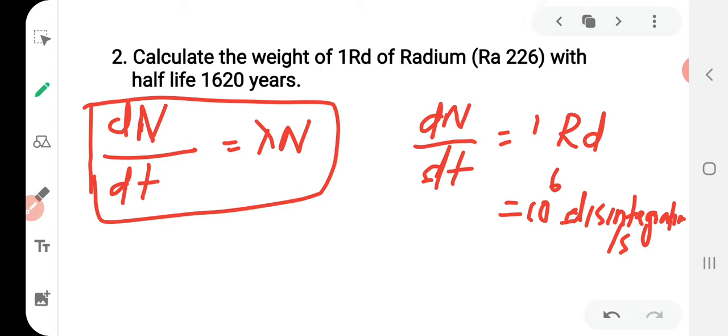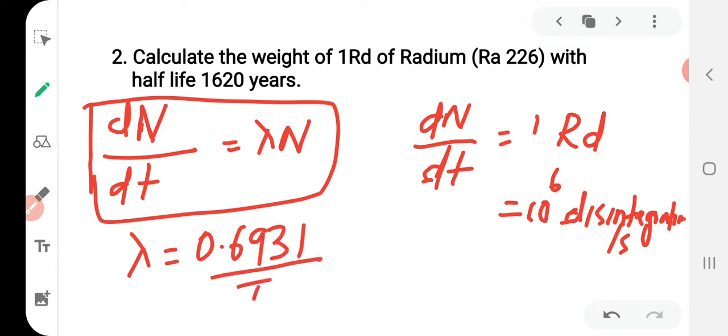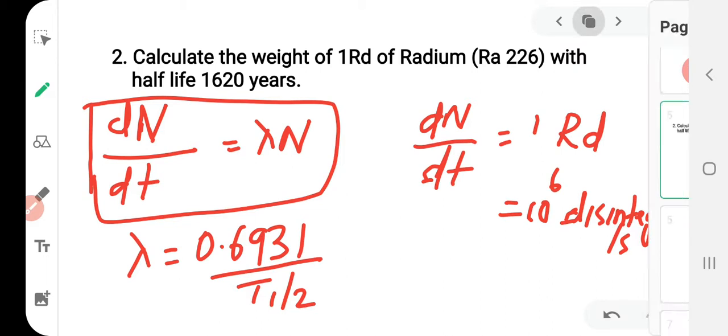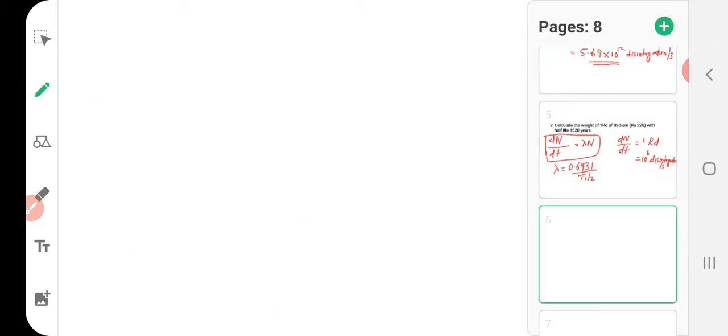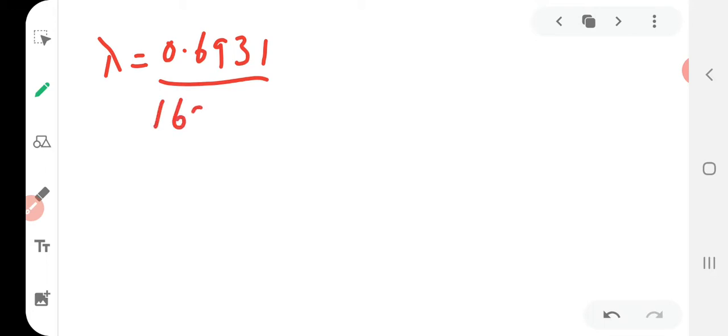Next, we have to find lambda. Lambda, you know, is 0.6931 by T half, and T half is given as 1620 years. So lambda will be 0.6931 divided by 1620.